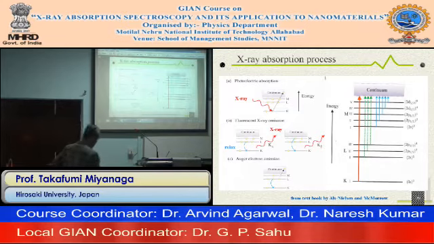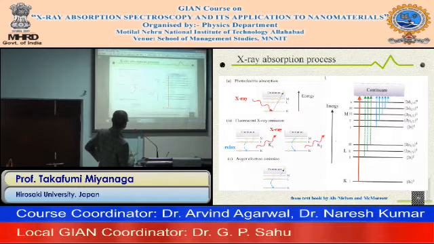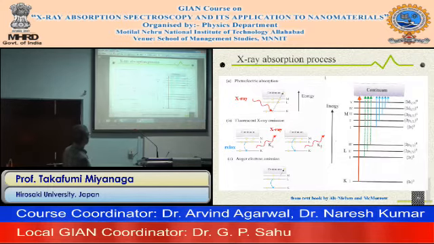And the energy scheme on the atomic scale is here. The K level electron orbital is 1s. For the L shell, 2s, 2p, 2p. There are two types of 2p, separated by spin orbit coupling.